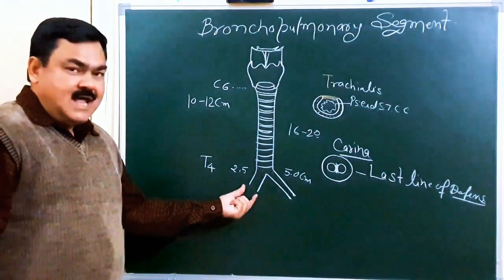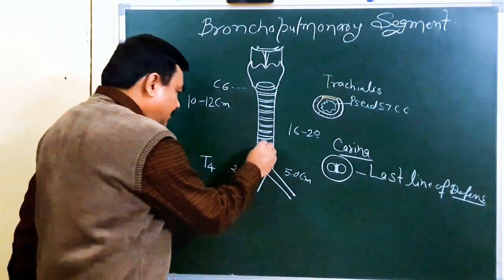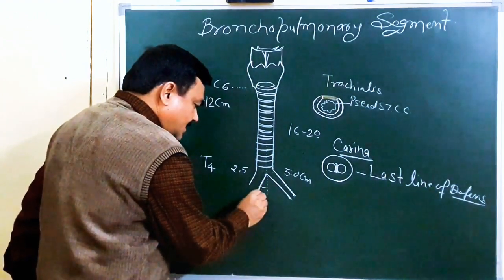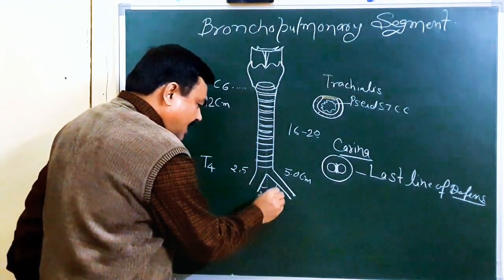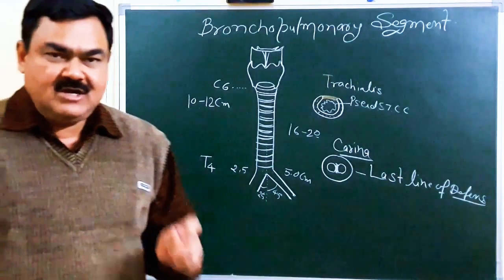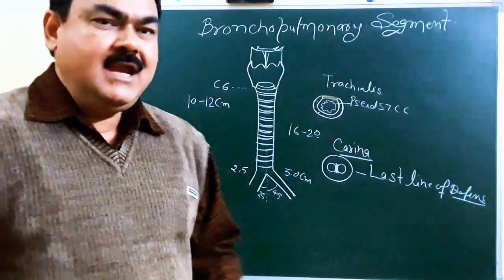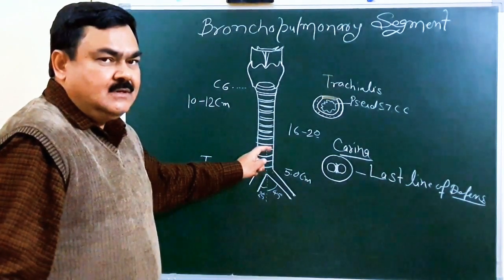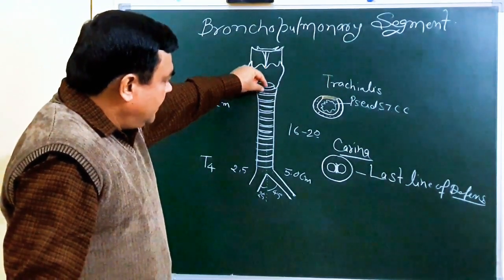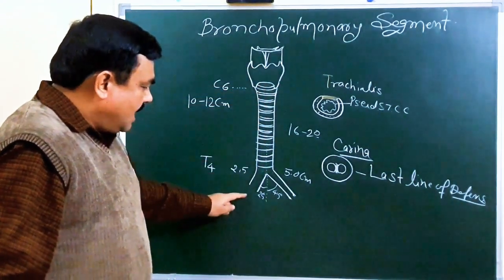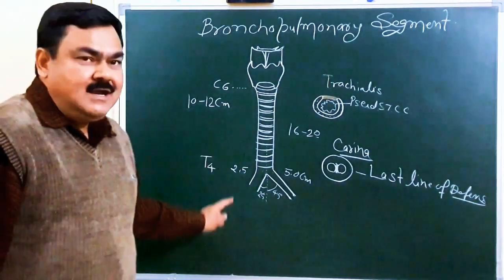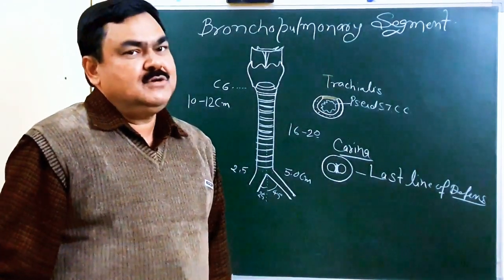Here the diameter is larger than this, and if you draw a line here, this is about 25 degrees and here it is about 45 degrees. So the right principal bronchus is shorter, wider and more in line with the trachea. So any foreign particle, if dropped here, easily goes to the right side. This is the reason why the right lung is more commonly infected in comparison to the left lung.